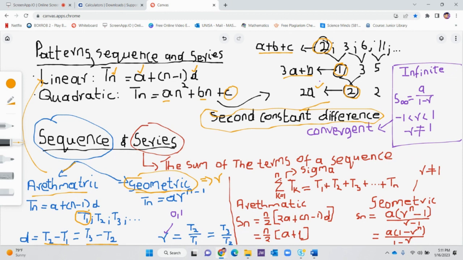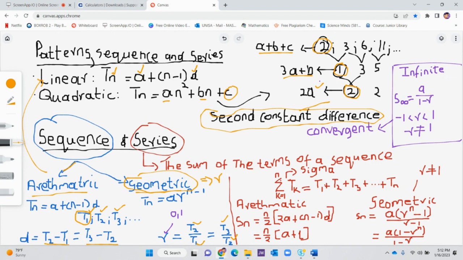So if your terms are T1, T2, and T3, T2 divided by T1 being equal to T3 divided by T2 makes it a constant ratio. So unlike with an arithmetic sequence, where to get to the next term you add a certain constant number, with geometric, to get to the next term, you multiply by a certain constant ratio.